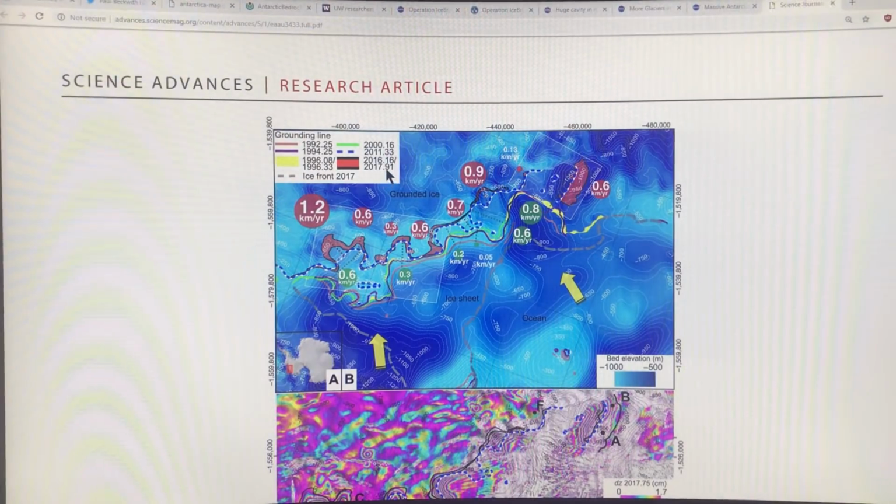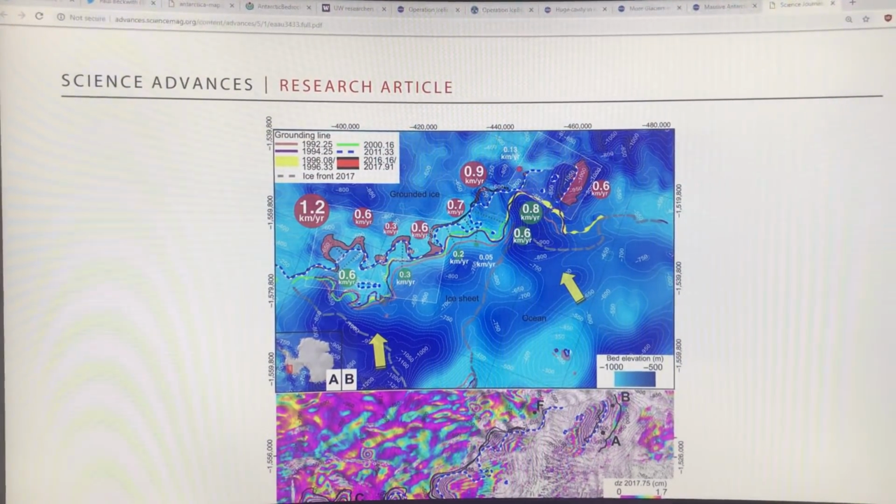The change from 2016 to 2017 is this one here. So the grounding line is moving further and further inland as the ice melts and thins and becomes more buoyant, and it also depends on the topography of the bottom.